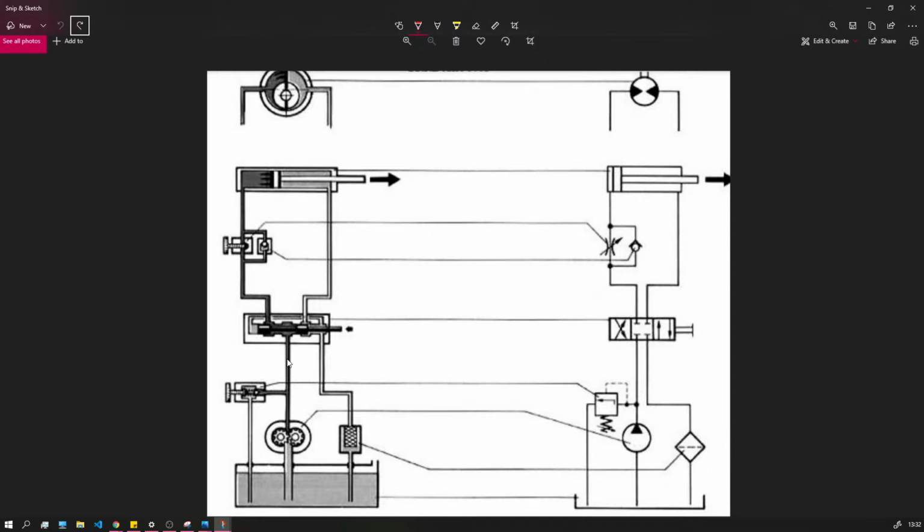Because in hydraulics we use liquids, but in pneumatic systems we use that fluid in gaseous state. In hydraulics we use that fluid in liquid state. Usually we use hydraulic oils.